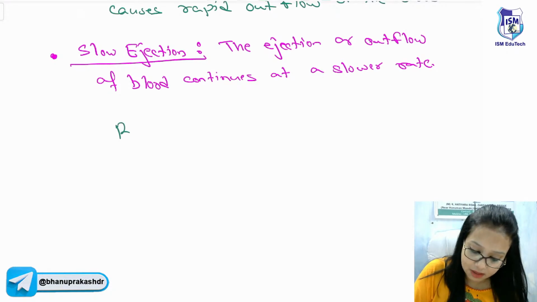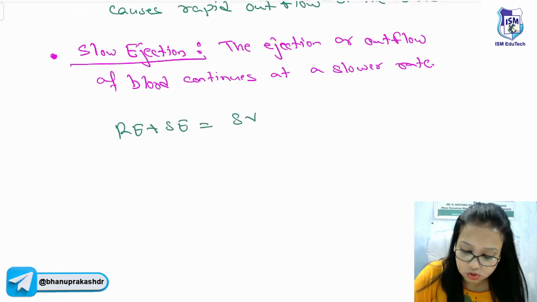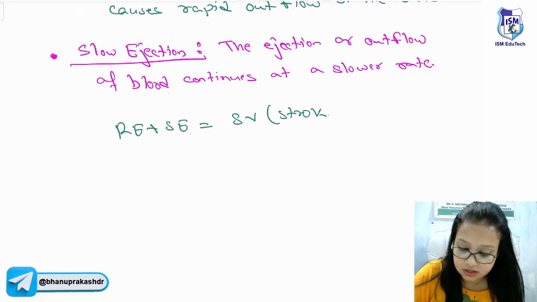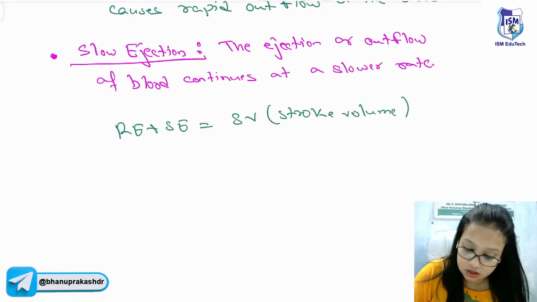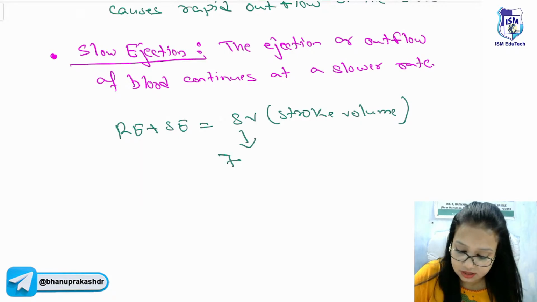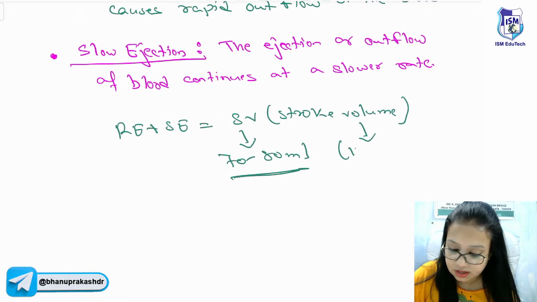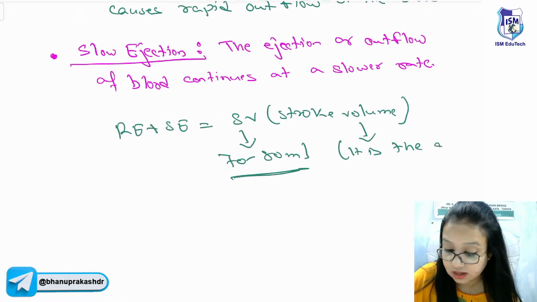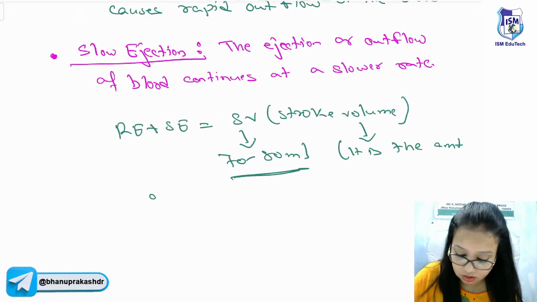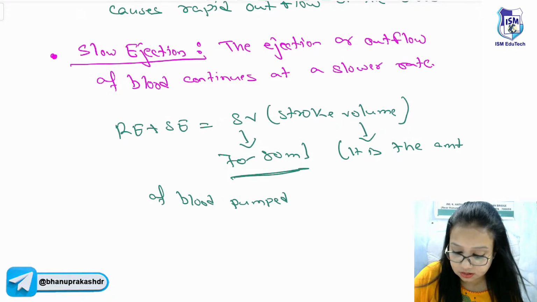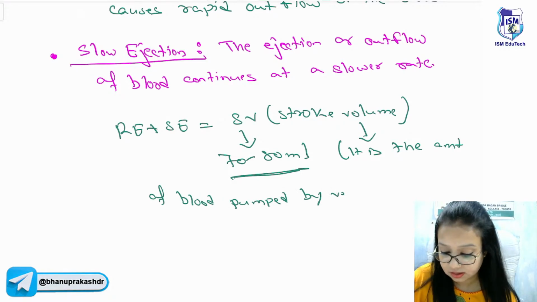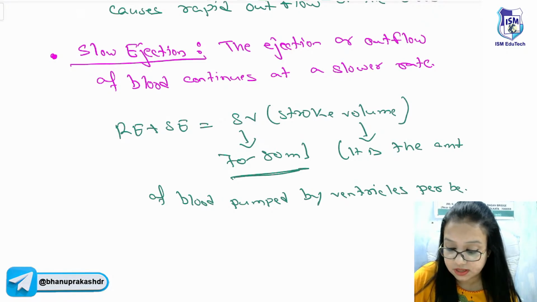Now this rapid ejection plus slow ejection is equal to stroke volume, which is about 70 to 80 ml. Now, what is stroke volume? It is the amount of blood pumped by the ventricles per beat.